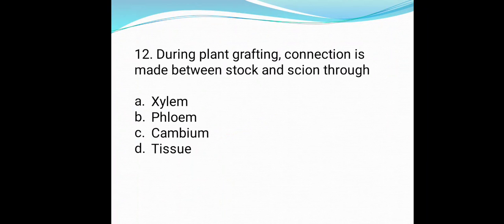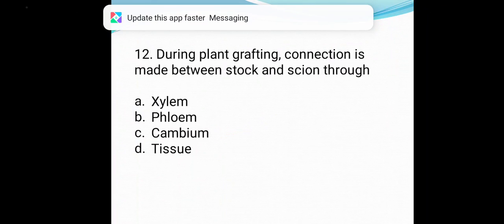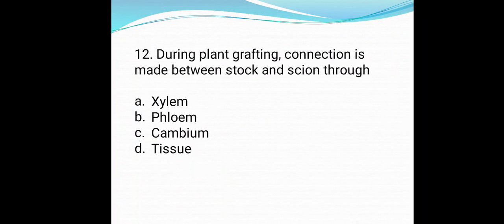A shoot of one plant, called the scion, is attached to another plant, that is the stock. The scion and stock join to each other with the help of vascular cambium. So the answer is cambium, where you can see the meristematic cells and their activity.